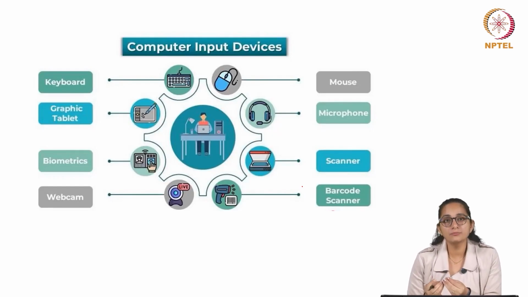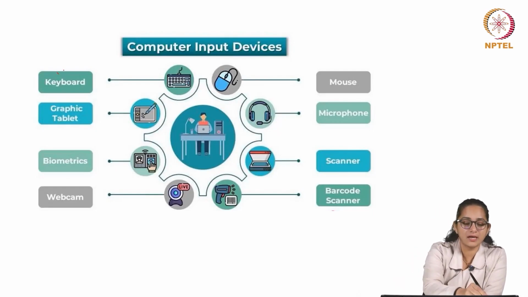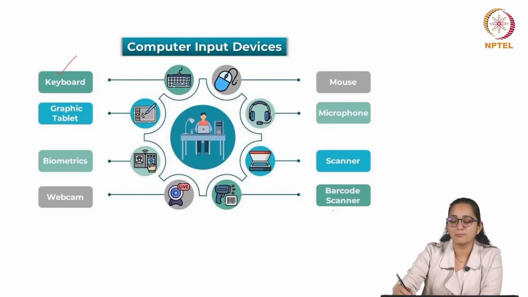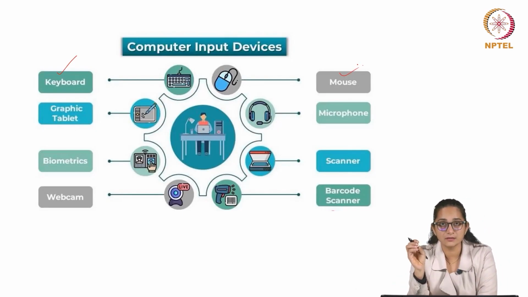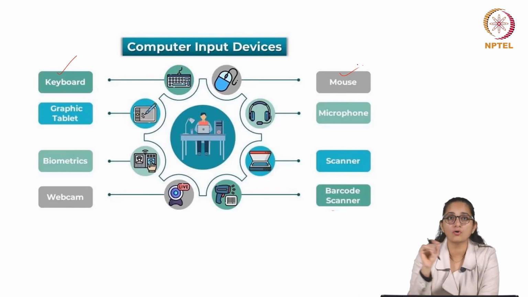So in a computer based system or an interactive system, usually the commonly known input devices can be your keyboard where you are entering text, your mouse which has a button or a scroll interface which helps you in pointing to or clicking onto some buttons.